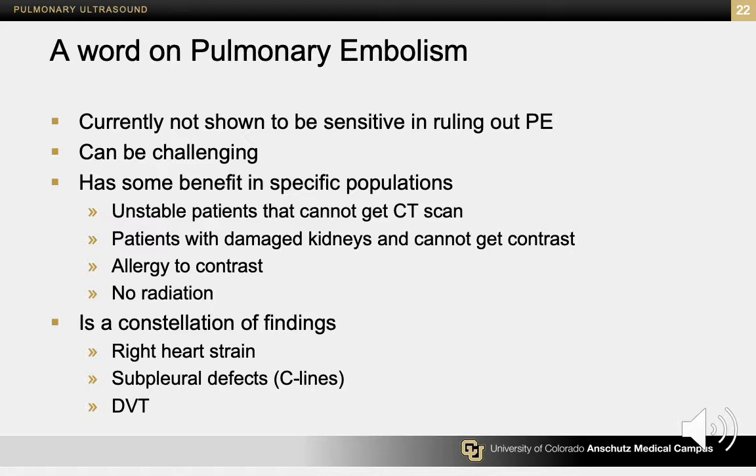Just finishing up here, a couple of words on pulmonary embolism. The current data doesn't really show enough sensitivity with this study to actually rule out PE. And there are some findings with PE that can be really challenging to image. Primarily what you're looking for is the presence of C lines, which was that focality that we looked at with pneumonia.